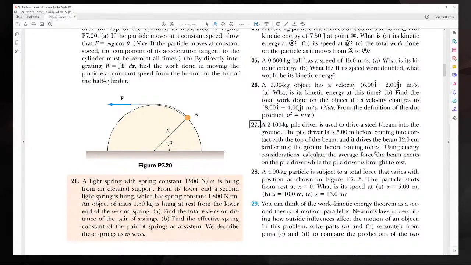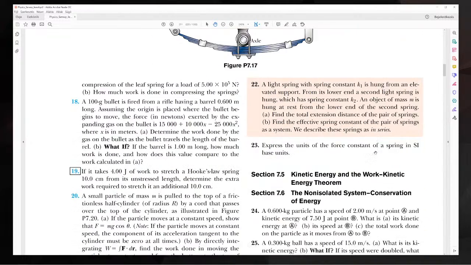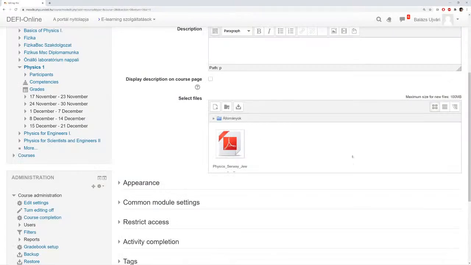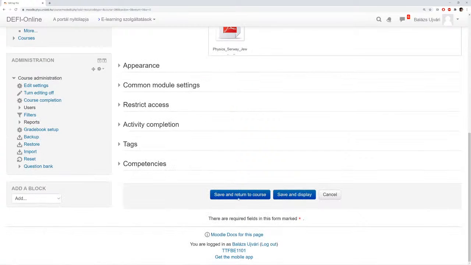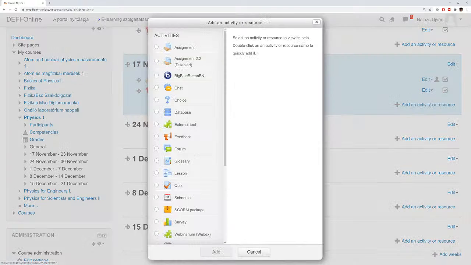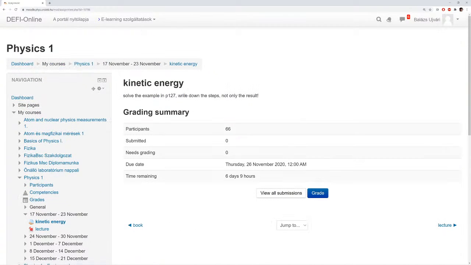What is the number of pages? 211. So what if, just a minute.